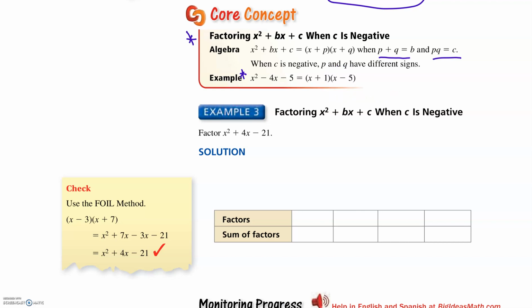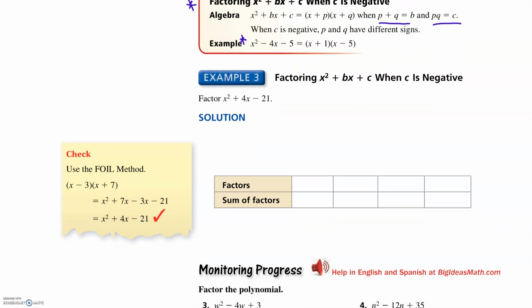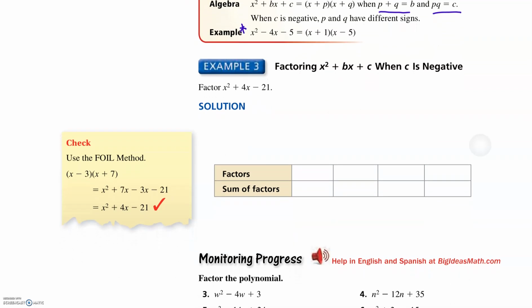All right, so let's do example 3, where we're going to talk about how to do this if c is negative. So we've got this example right here where b is 4 and c is negative 21. So I'm looking for a factorization x plus p times x plus q, where p plus q has to equal 4 and p times q has to equal negative 21.